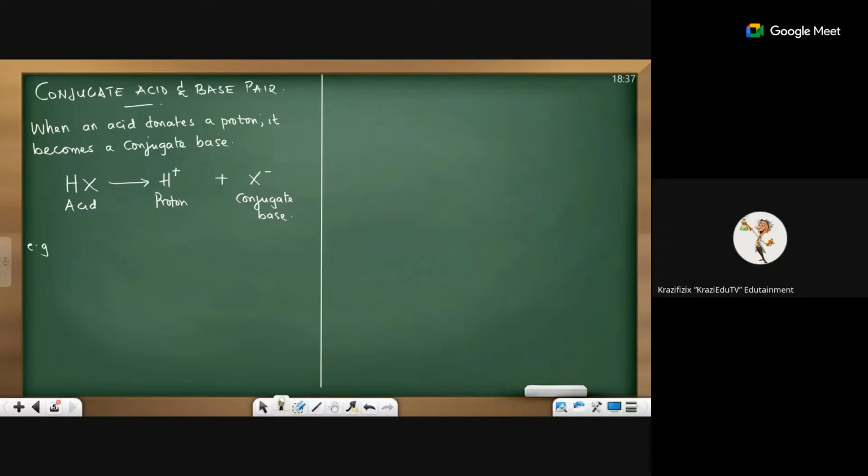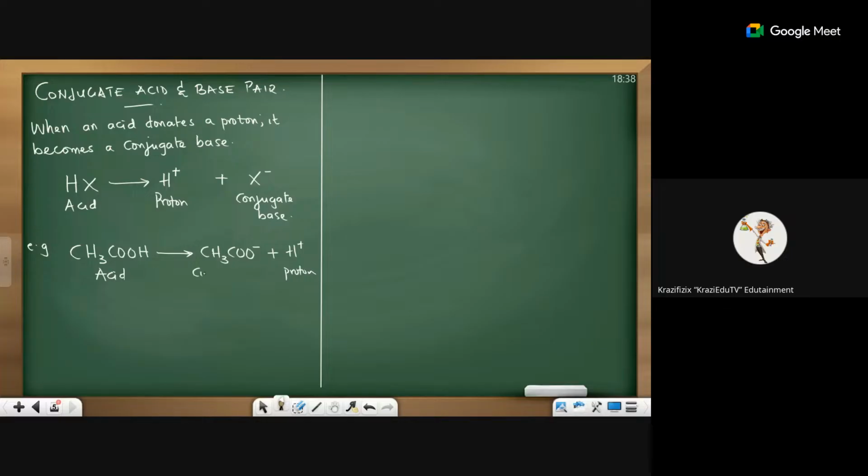Example, CH3COOH, it will donate a proton. I did this example earlier. What will it be? CH3COO- plus H+. This would be my acid. This would be my proton.